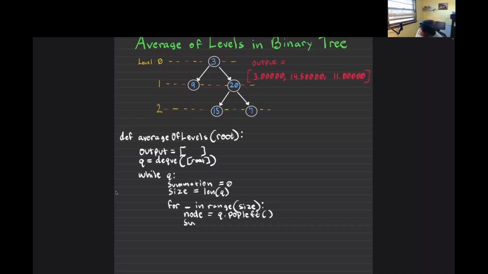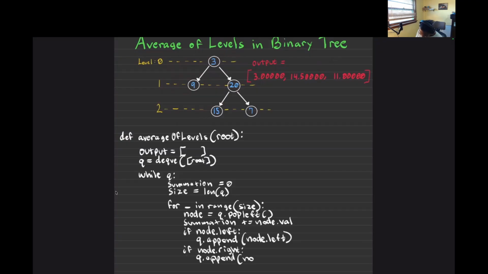And we're going to immediately add its value to the summation, right? So summation plus equals node.value. If it has a left child, so if node.left, we want to process that because that means that there are more nodes in the tree to explore. So q.append node.left, okay. Vice versa, if it has a right child, we want to append that to the queue as well for processing, okay?